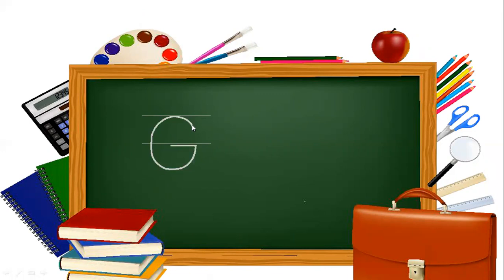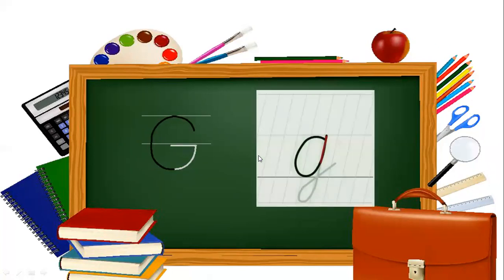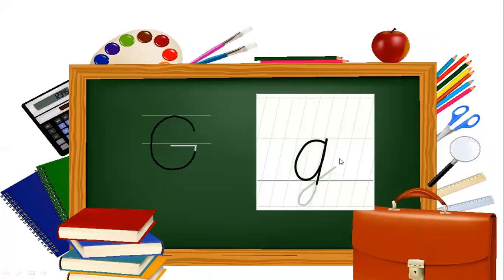Okay? Draw a complete curved line touching from the top to the bottom, and then turn towards left and draw a small sleeping line. Now our small letter G is drawn. Look at this.